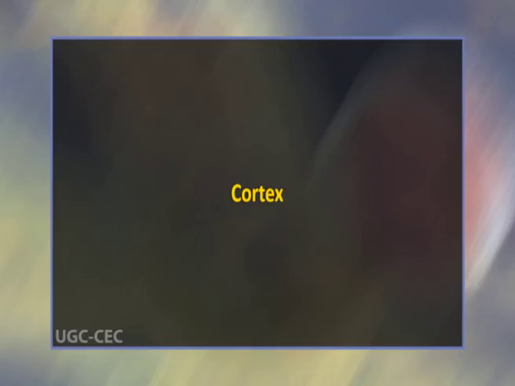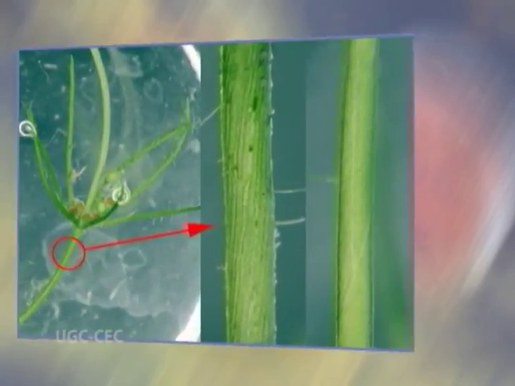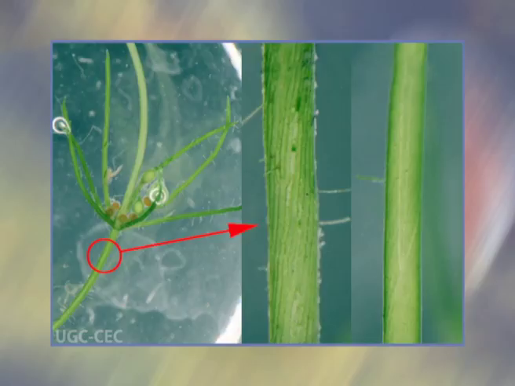Fourth, cortex. Many species of Chara, for example, Chara aspera and Chara infirma, have internodal cells of the main axis ensheathed by cortex cells. Such species are called corticated species. The cortex consists of vertically elongated narrow cells.